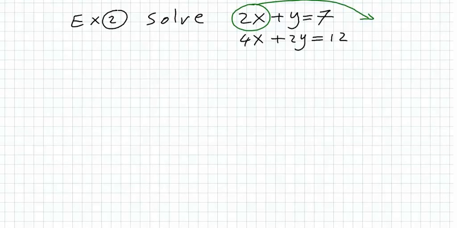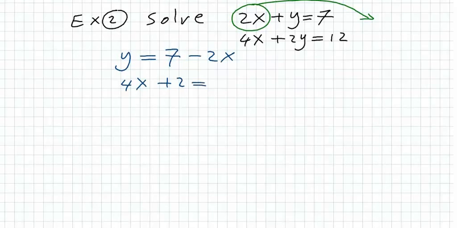Your equations are going to be like this: y equals 7 minus 2x. The second equation, 4x plus 2y equals 12. We will not change it.